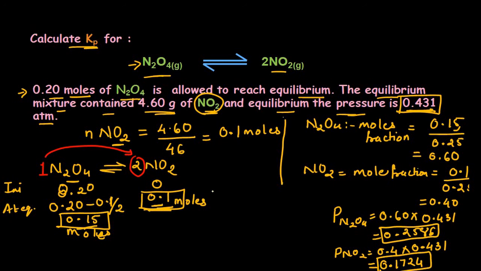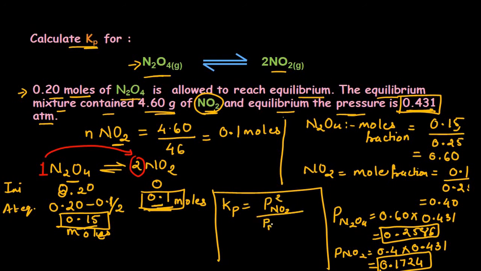Now substituting this in the Kp expression, we get Kp is equal to the partial pressure of nitrogen dioxide squared divided by the partial pressure of N2O4.